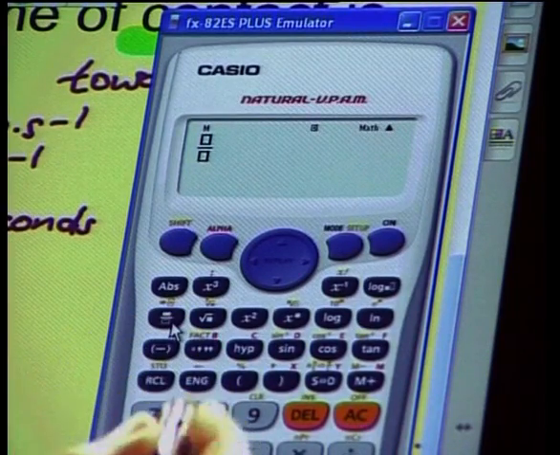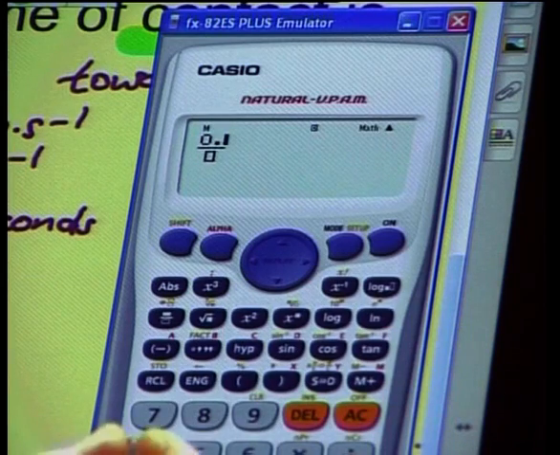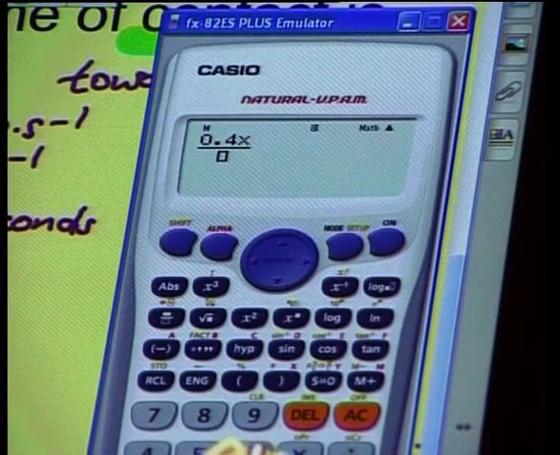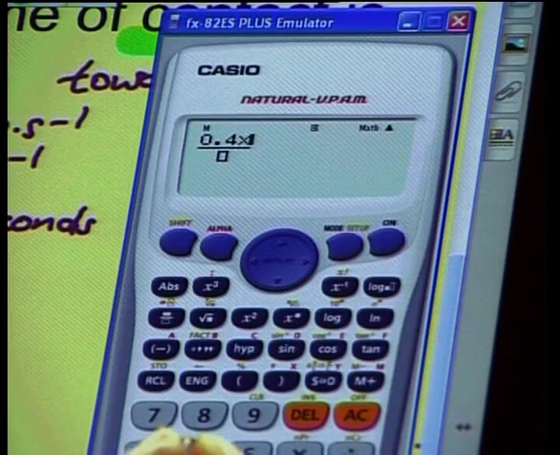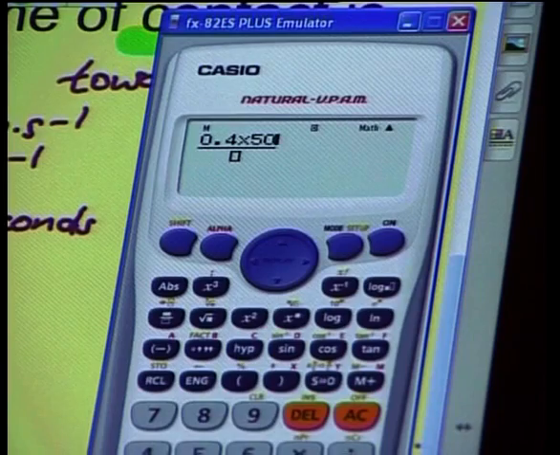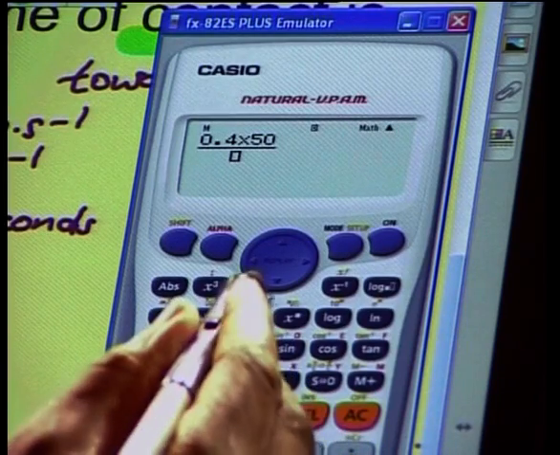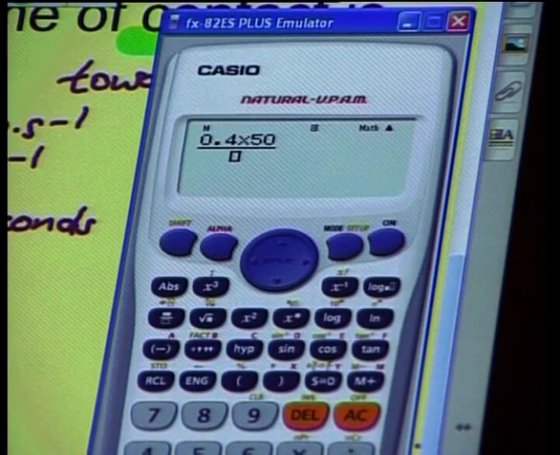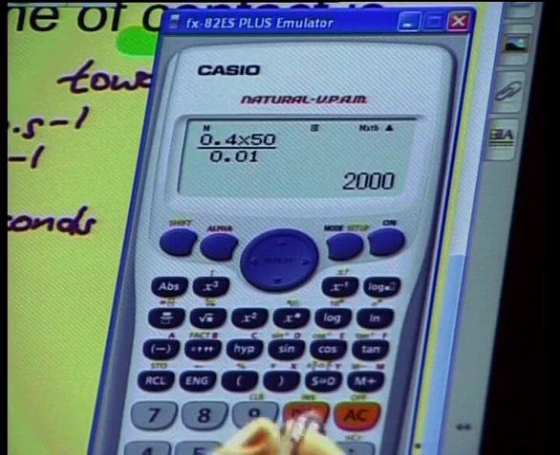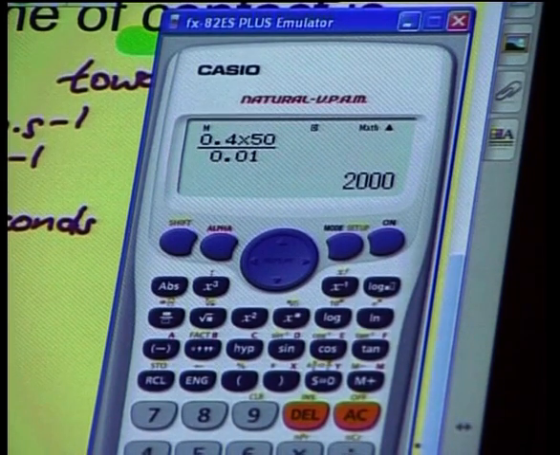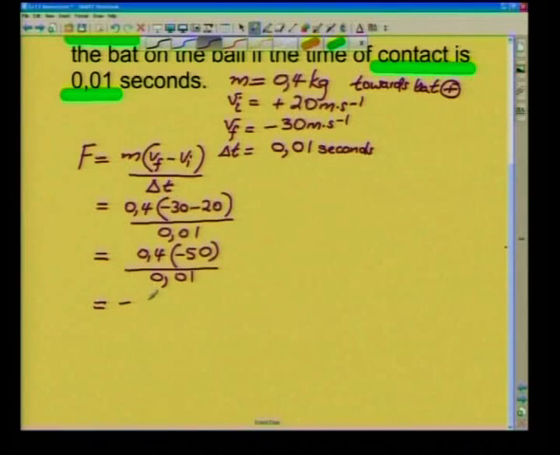So we have 0.4 times 50, which is minus, of course. Then we divide that by 0.01. And what is the answer? The answer is found to be, remember we have got a minus, so it's going to be minus 2,000 newtons.